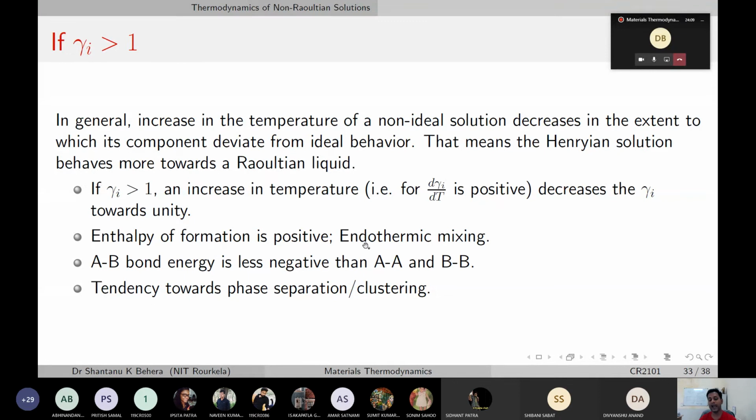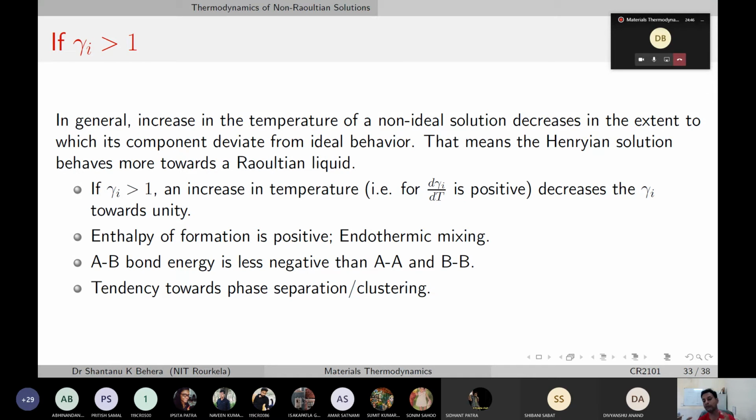Now, when there is an endothermic mixing, it indicates that the hetero-bond energy is less negative than the homo-bond energy. That means the AB type bond energy is less negative than the AA type bond energy or the BB type bond energy. That means the bonding within the components is much stronger. Talk about the component A: the AA bonds are much stronger, more negative than the AB kind of bond.